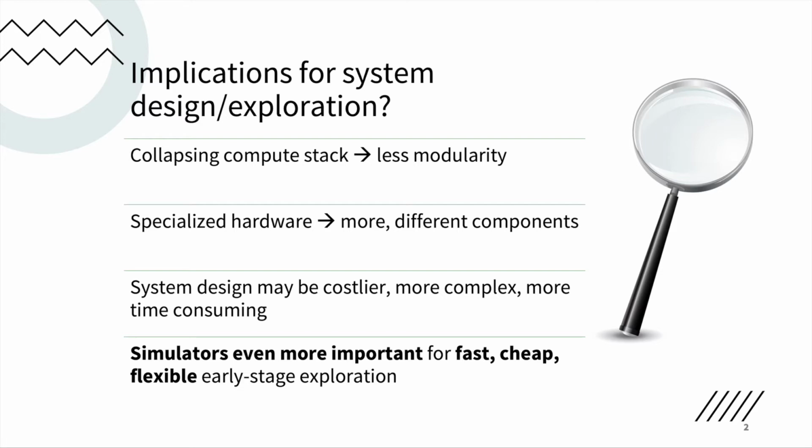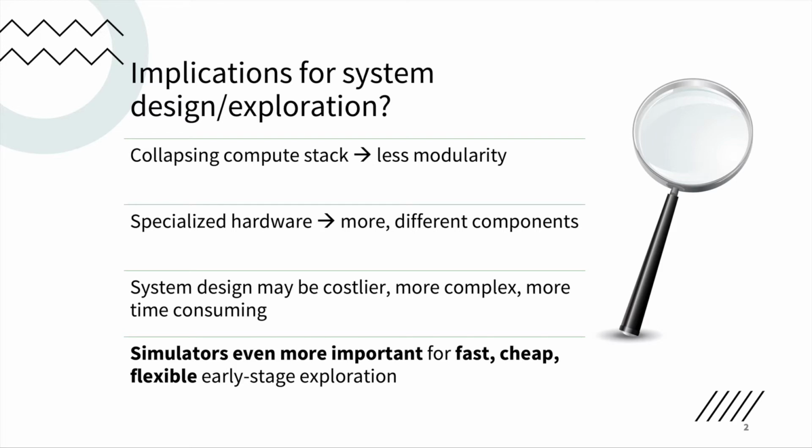If we're going to be collapsing the compute stack, this will mean less modularity and more design complexity. Specialized hardware will lead to more components and different components, which further increases complexity. We can expect system design will likely be costlier, more complex, more time-consuming.